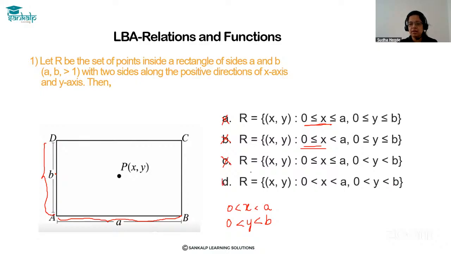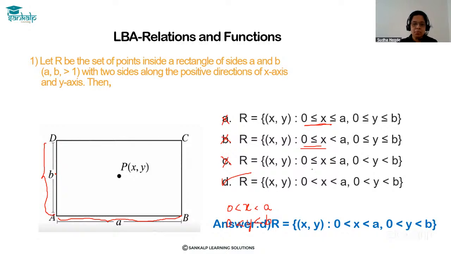This is the correct option. So the final answer is option D: R is equal to (x, y) such that 0 less than x less than a, 0 less than y less than b.